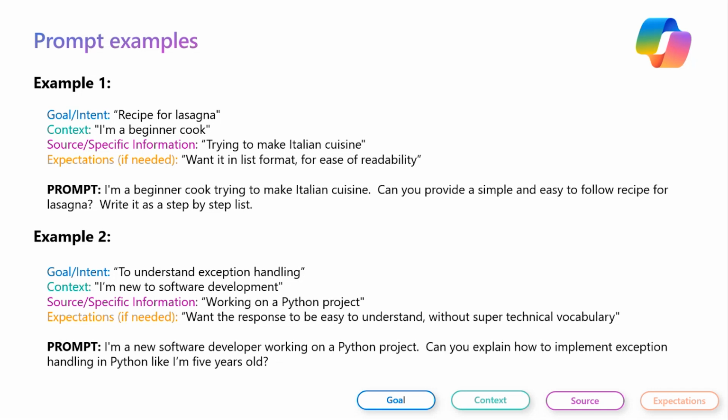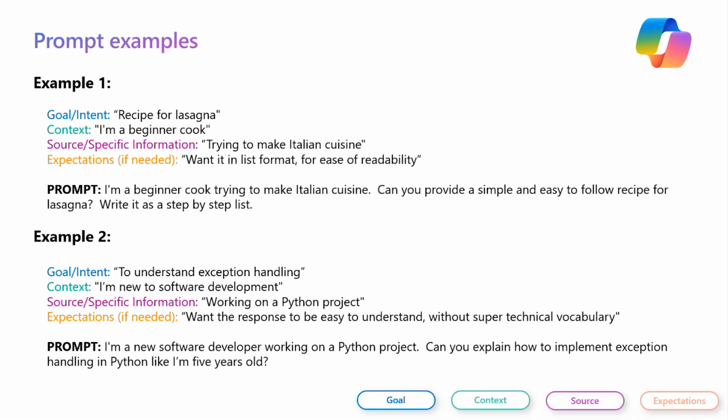But Copilot doesn't know all of this, which is why it's important to specify it in your prompt. This way, Copilot's response will be a simpler recipe that you as a beginner cook can easily follow. You can see that the final prompt incorporates the context and additional information to help guide the response.